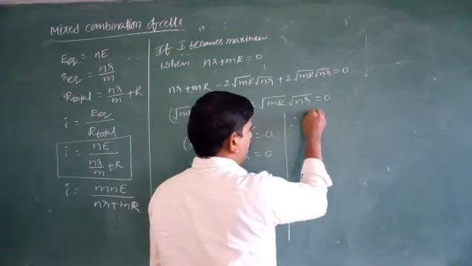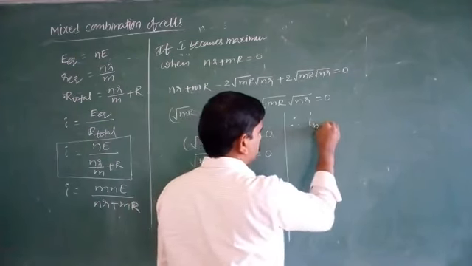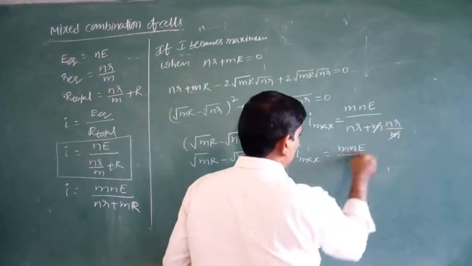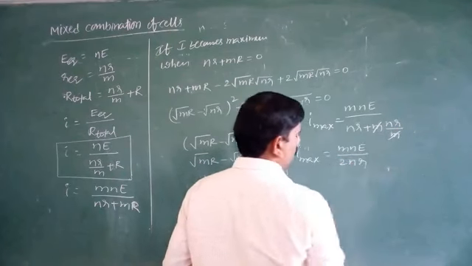Maximum current is equal to m into n into E by (nr plus m into capital R), which is nothing but nr by m. The m cancels. Therefore, I max is equal to mnE by 2 into n into r.